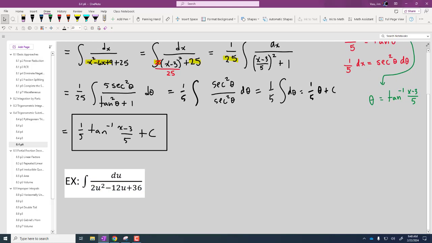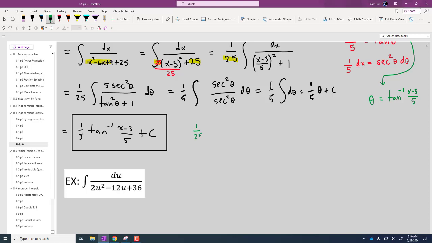If there was big parentheses and a power, a square root or a 3/2 or a 5/2 or whatever, then you would have to use trig sub. But because we have a sum of squares right here with no power on that denominator, you could just cut to the chase.